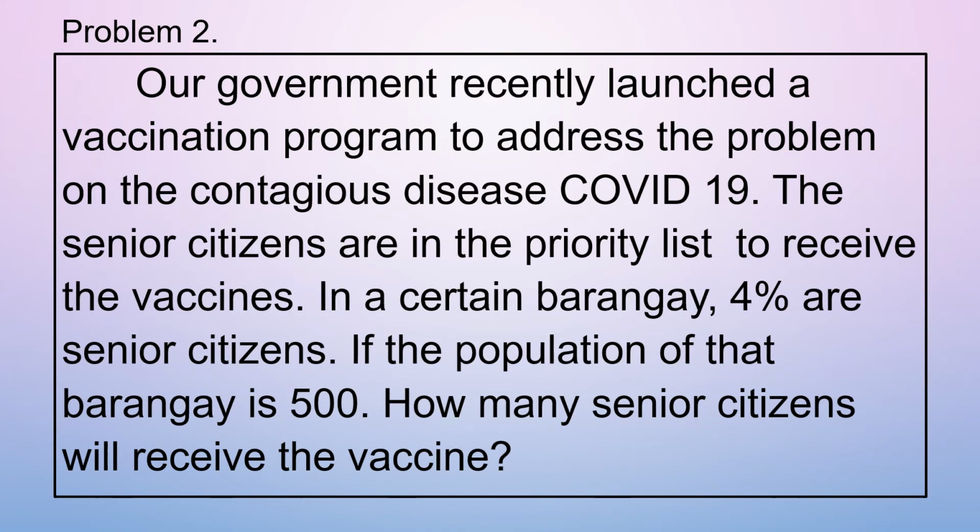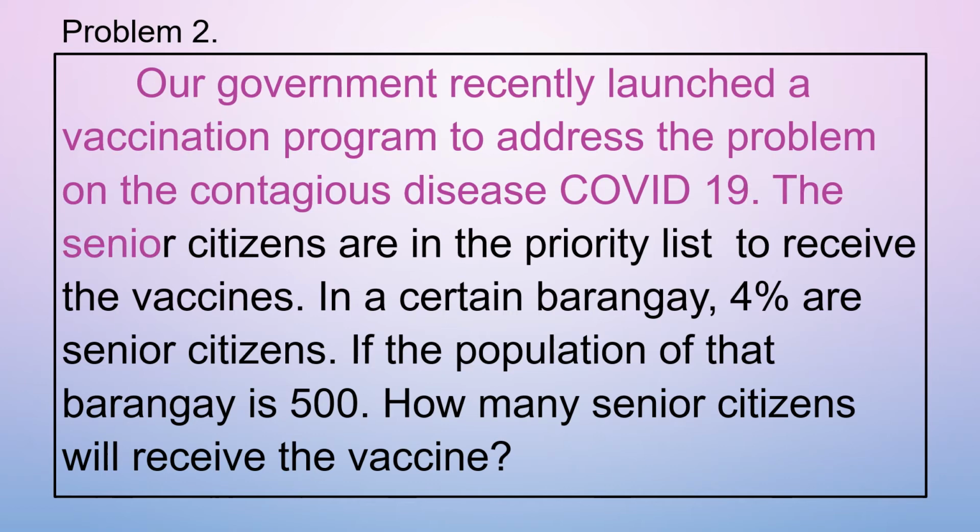And we are on problem number 2. Again, I will read the problem while you read it silently. Our government recently launched a vaccination program to address the problem on the contagious disease COVID-19.